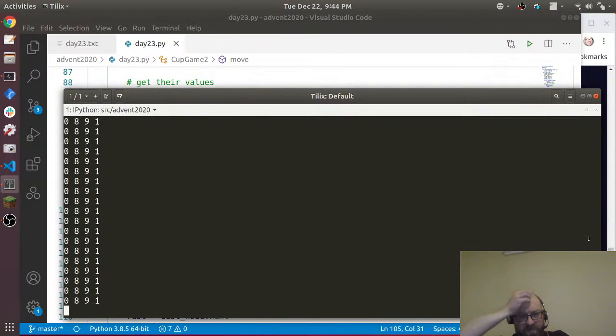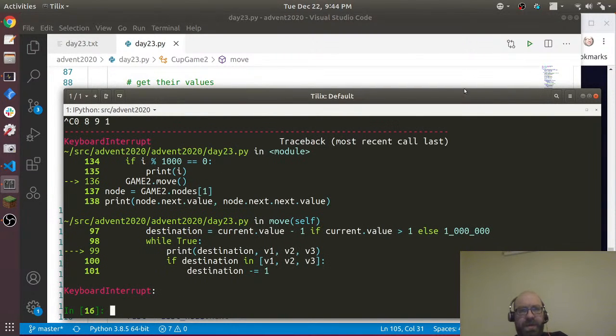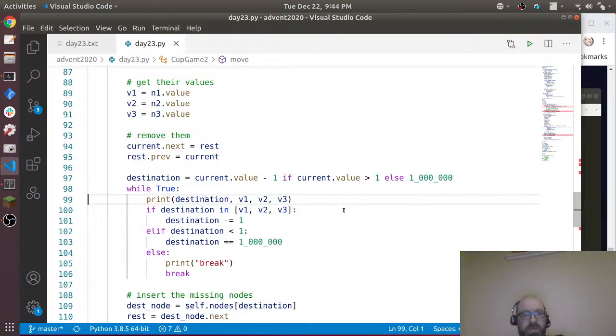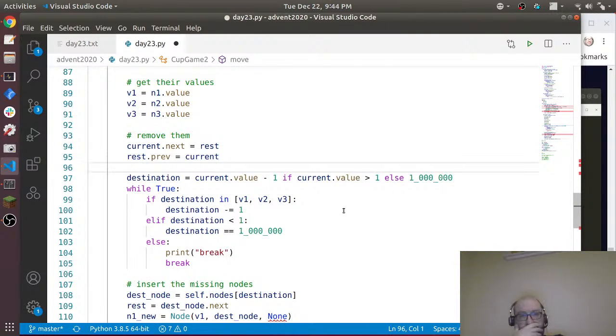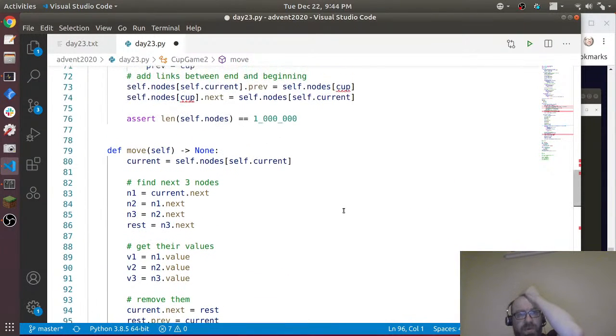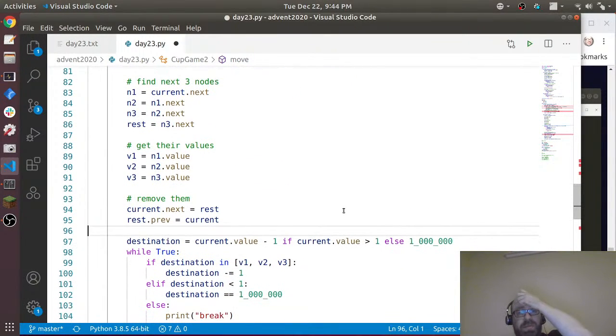Let me see. No, I'm not even breaking out. So it's 0891. Destination, I'm doing something really stupid here. And what am I doing that's so stupid? Destination is current value minus 1 if current value is bigger than 1, else that.